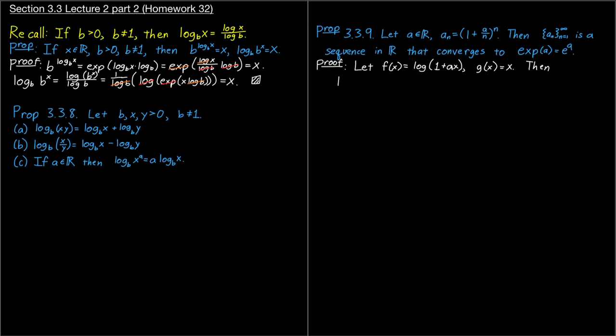Then, not the number we care about, but its logarithm is f of 1 over n divided by g of 1 over n. That's because you can, of course, move the 1 over n out front.